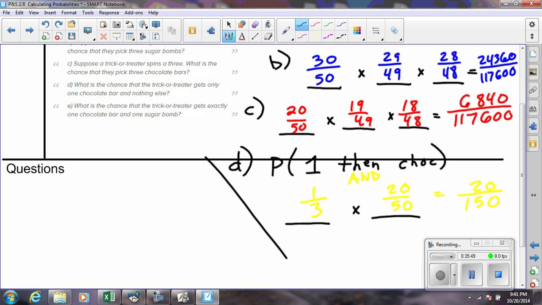And then lastly, what is the probability that they get exactly 1 chocolate bar and 1 sugar bomb? Okay, so this is done a couple different ways. This could be done as a probability that they get a 2, then they get a chocolate, then they get a sugar bomb.